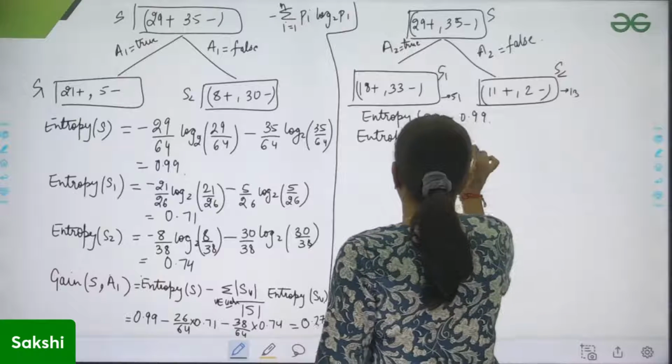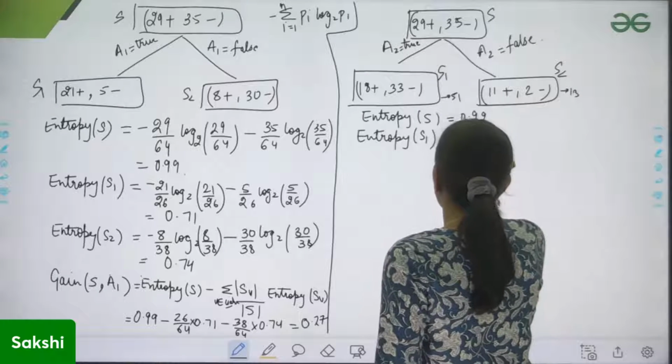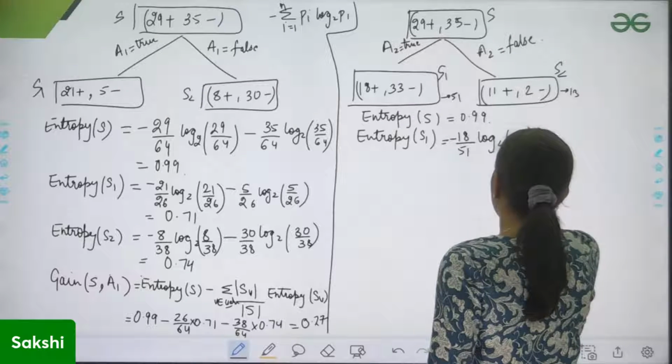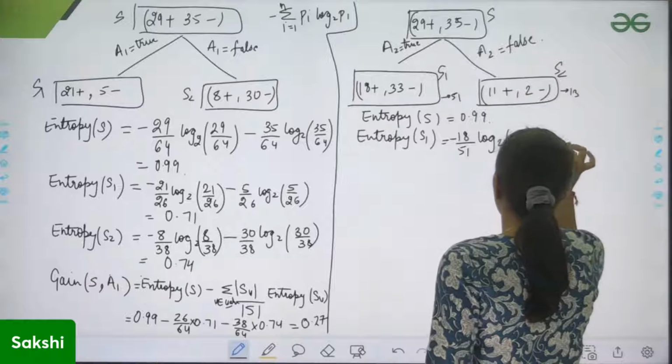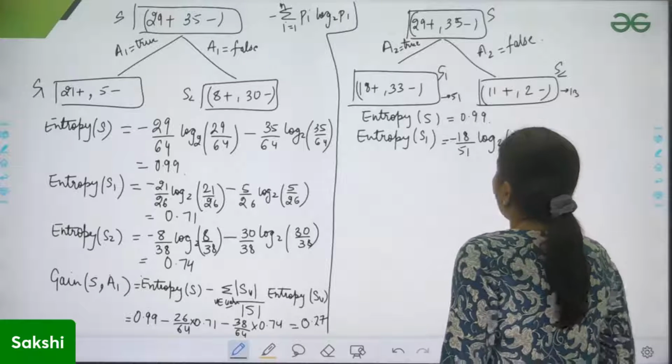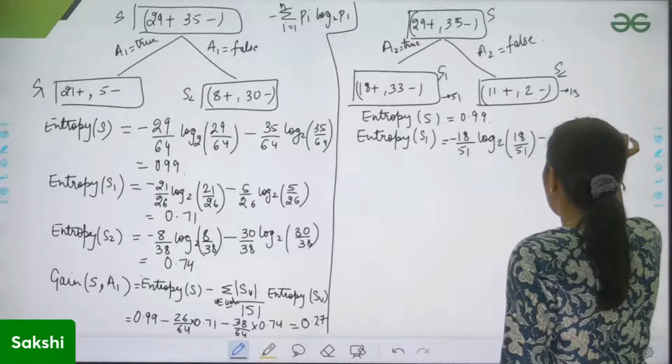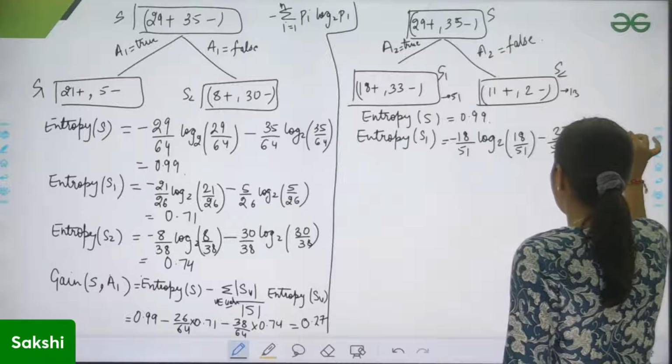So I can write minus 18 by 51 log to the base 2 of 18 by 51, minus 33 by 51 log to the base 2 of 33 by 51.